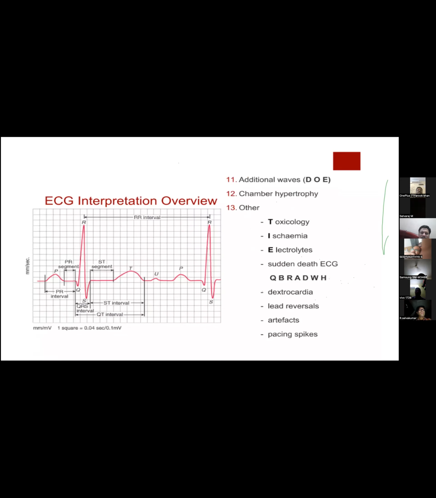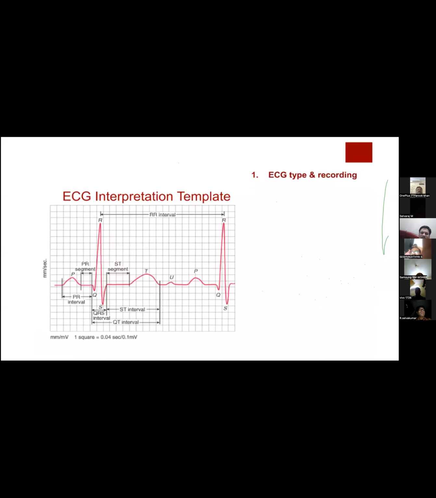And subsequently, analyze the individual QRS complex, like chamber hypertrophy. So this is how you have to go with the ECG. This is what the interpretation template will look like. See here, ECG interpretation: the P wave, PR interval, QRS complex, ST segment, T wave, U wave.